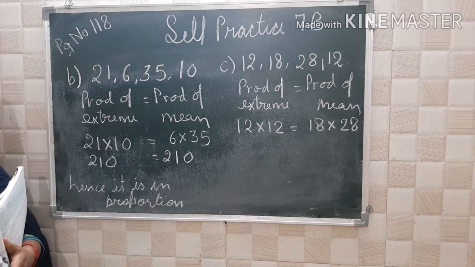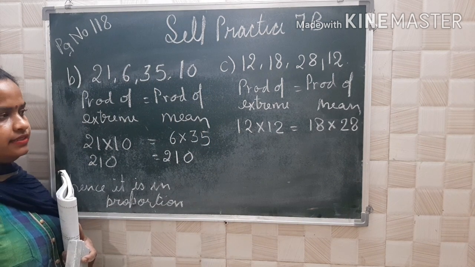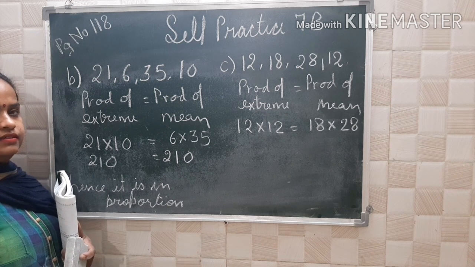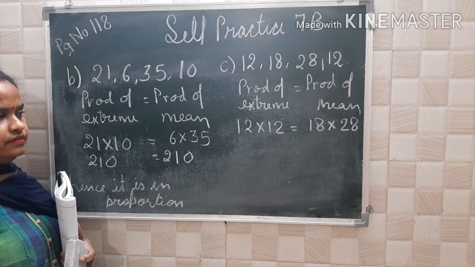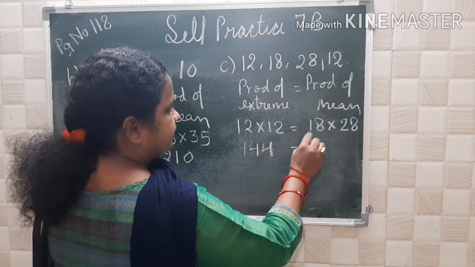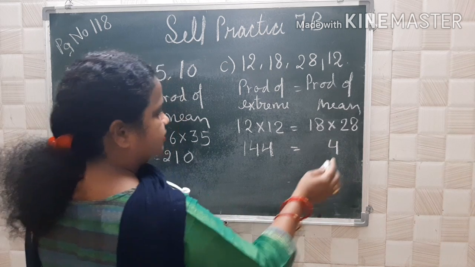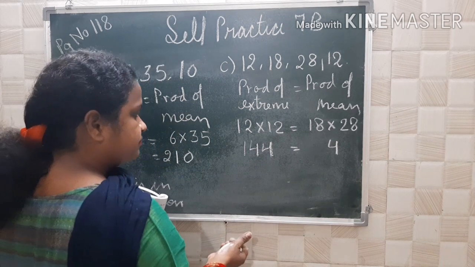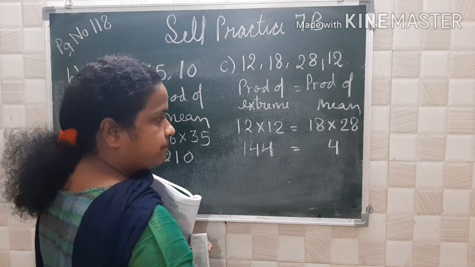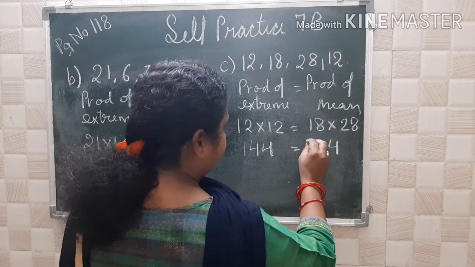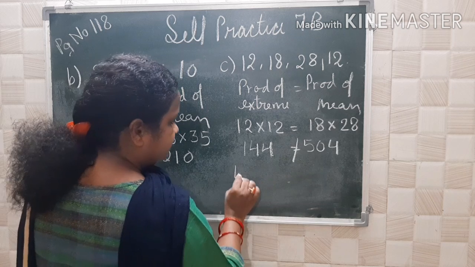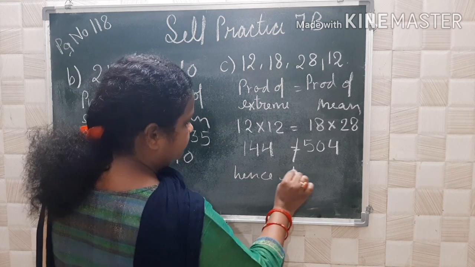Correct? 18 into 28. Now 12 12s are 144, and here 18 8s are 144, carry 14, 18 2s are 36, 36 plus 14, 50. So is it equal? No. Hence it is not in proportion.